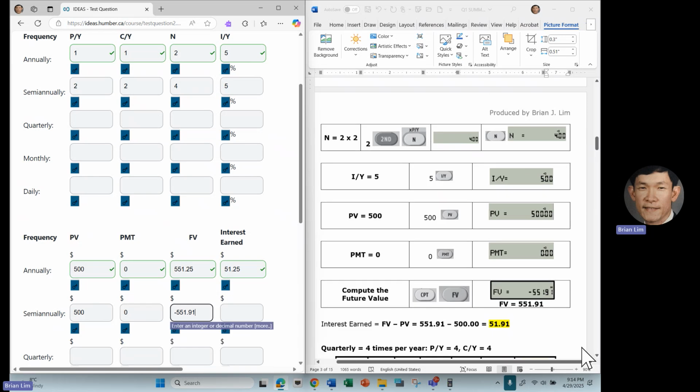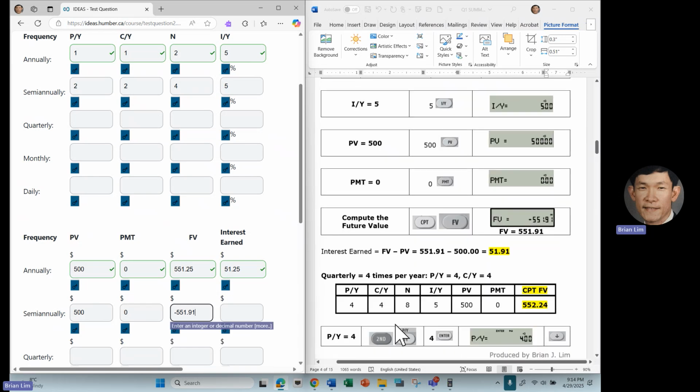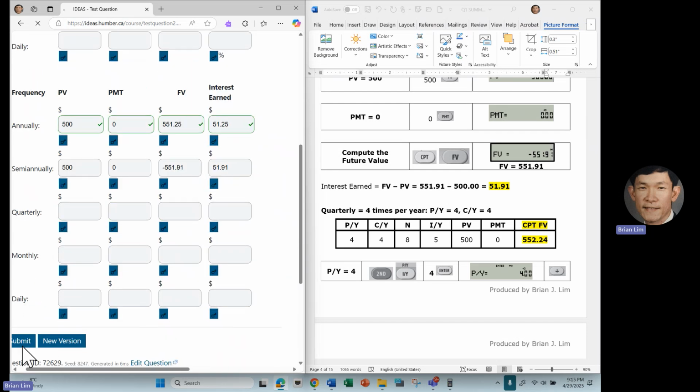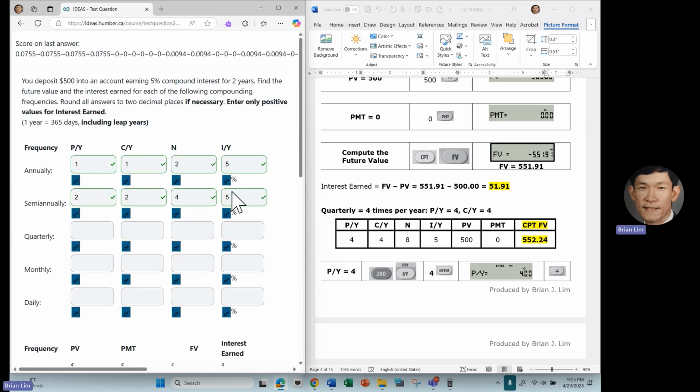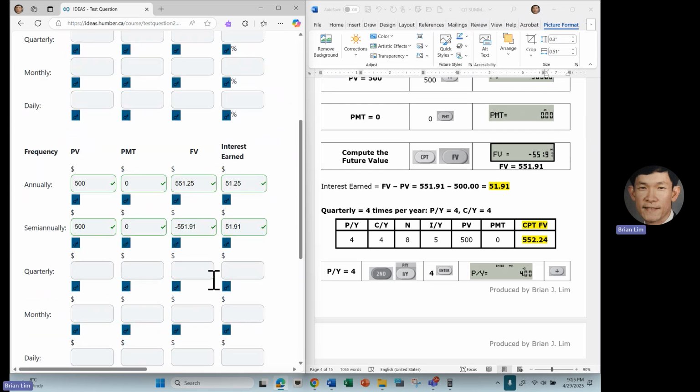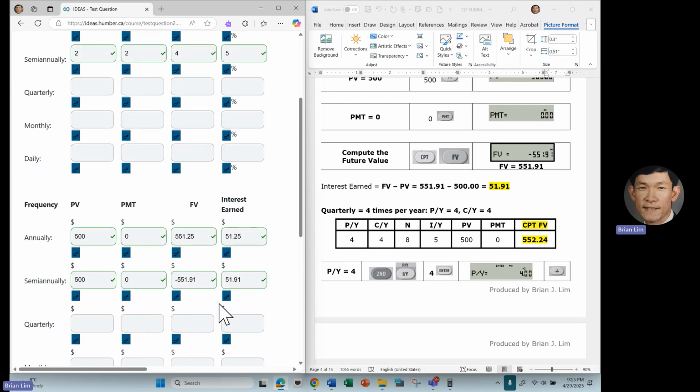But when you go to do the interest earned, you must use positive values. So we use 551.91, subtract 500, and we will get 51.91. And now if I go and submit, you see that it did mark the negative number correctly. All right, but the interest earned must be positive.